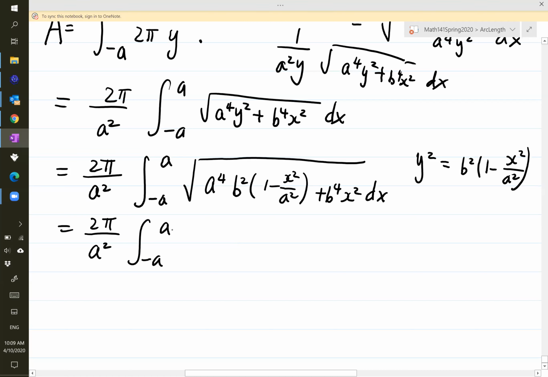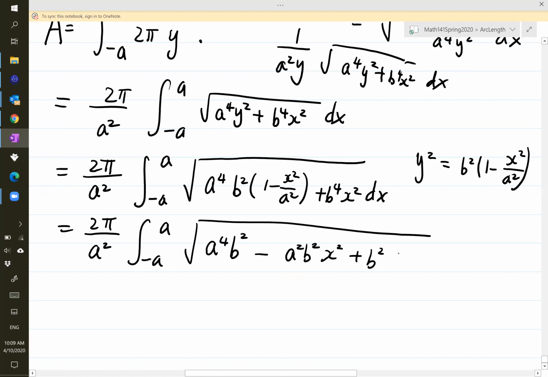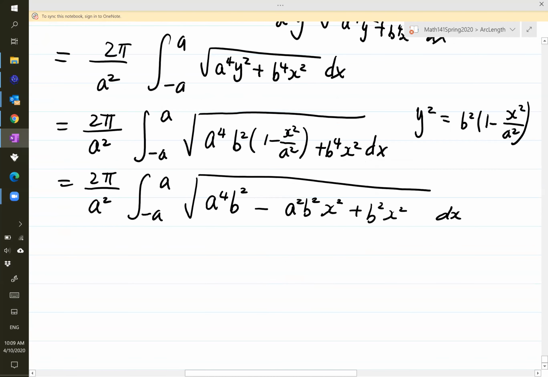If you rearrange this, you get a power 4 b squared minus b squared a squared x squared plus b power 4 x squared dx.